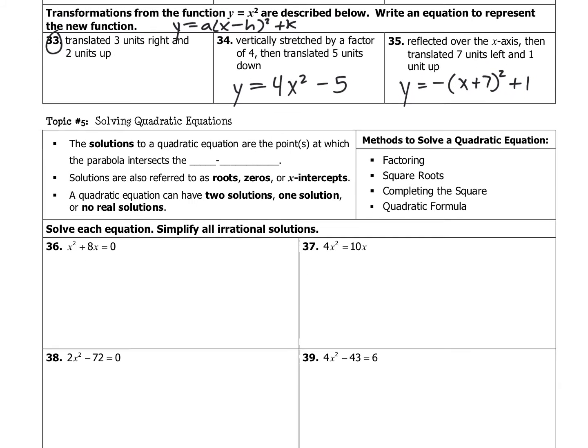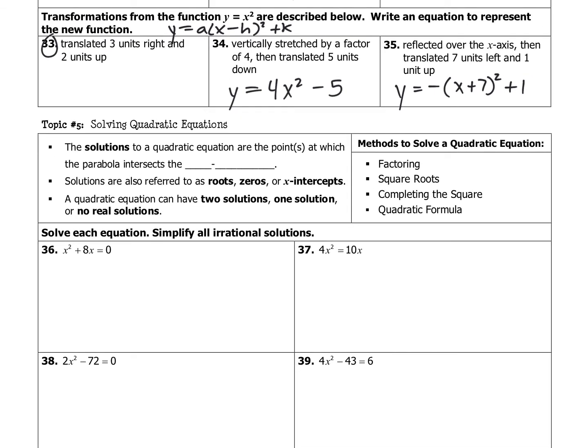All right. Topic 5, solving quadratic equations. The solutions to a quadratic equation are the points at which the parabola intersects the x-axis. Solutions are also referred to as roots, zeros, or x-intercepts, and we referenced that earlier on in this video.